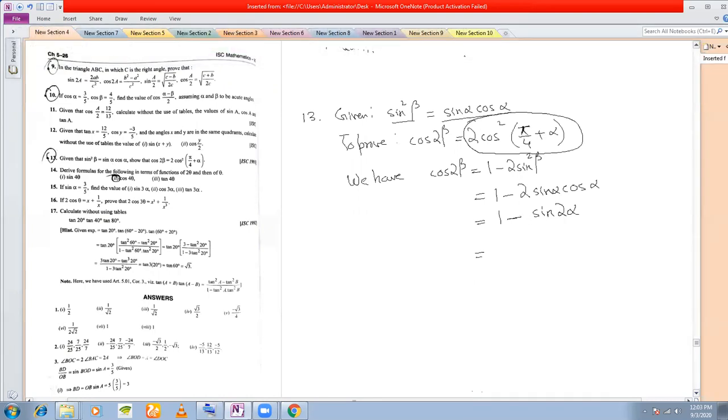And what is 1 minus sine 2 alpha? You have to show this is equal to 2 cos square, no? Yes, 1 minus sine 2 alpha. Yes, cos 2 beta.